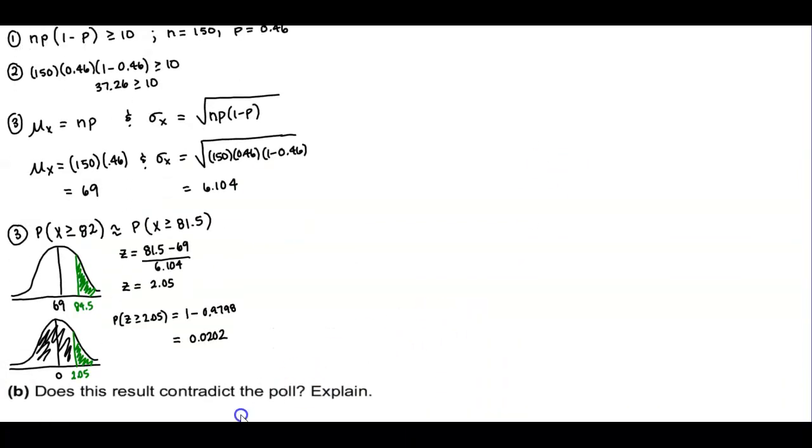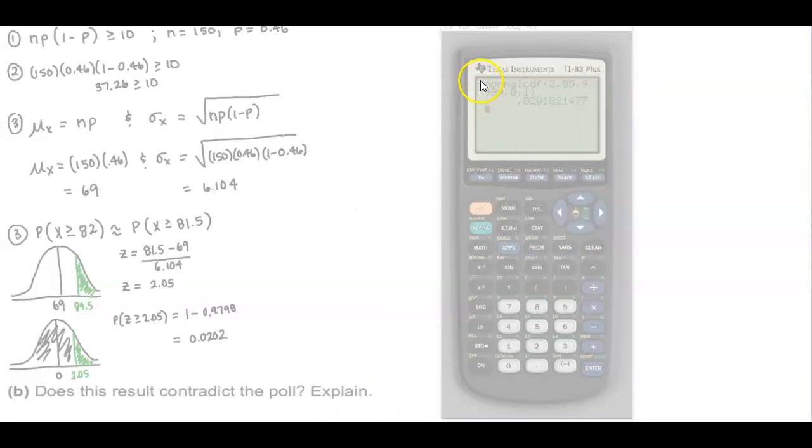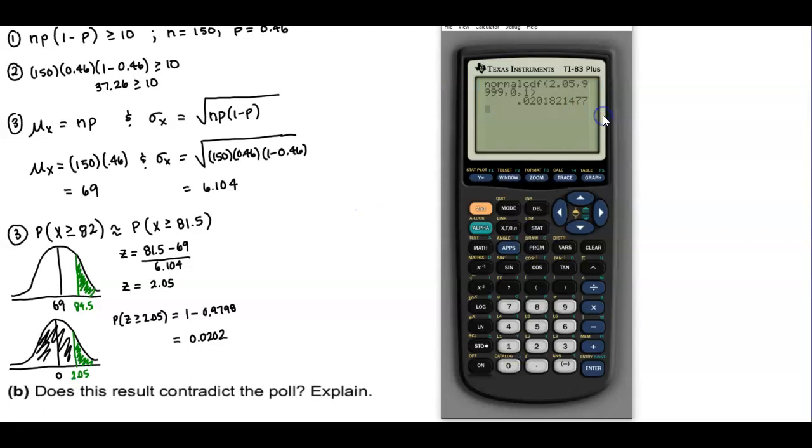So again, if we wanted to do this on a calculator, we're going to go to second distribution, normal CDF. We know that our lower bound is 2.05, our upper bound is 9999, our mean is 0 and our standard deviation is 1. Then hit enter, and you can see, rounding to 4 decimal places, that gives us the exact same area that we just got.